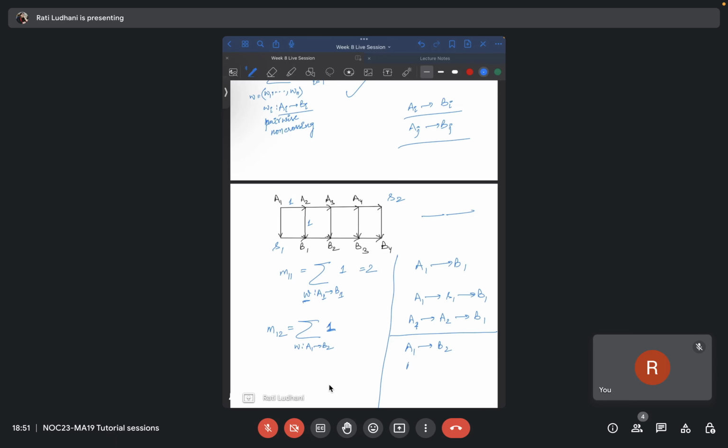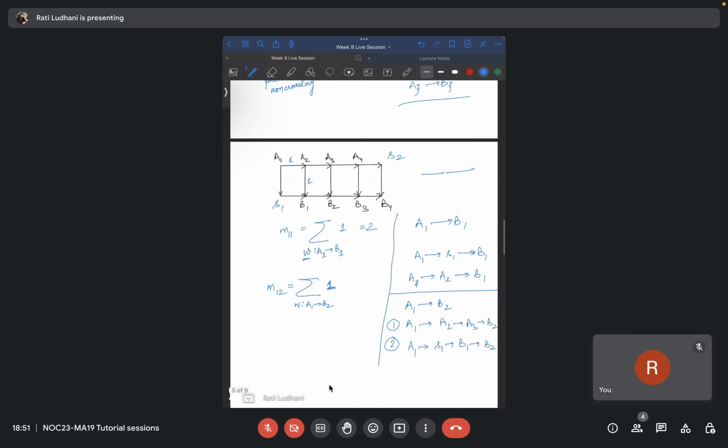A1 to A2, A2 to A3, A3 to B2. Exactly, and this is one. Other? A1 to S1, S1 to B1, B1 to B2. Okay. And do you think there is more? A1 to A2, A2 to B1, B1 to B2.